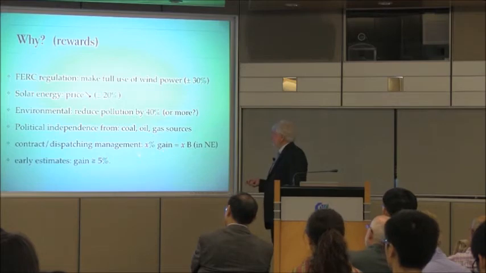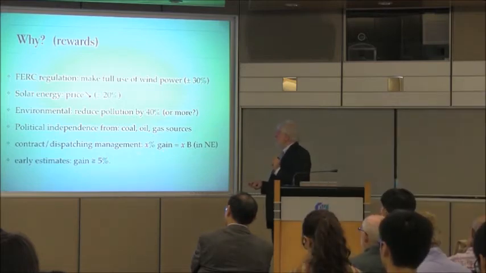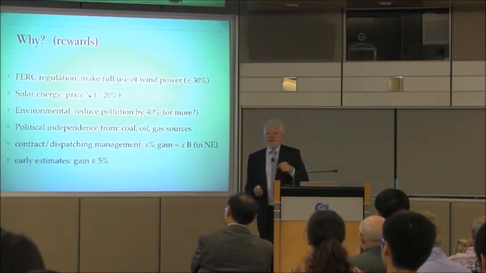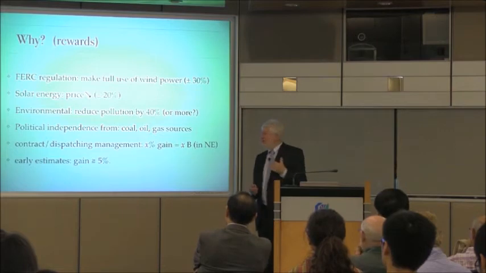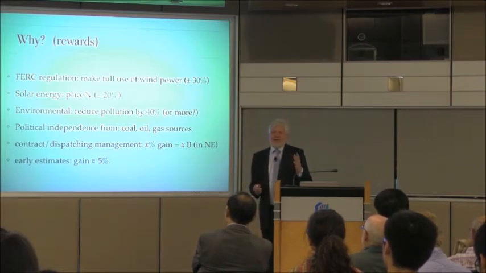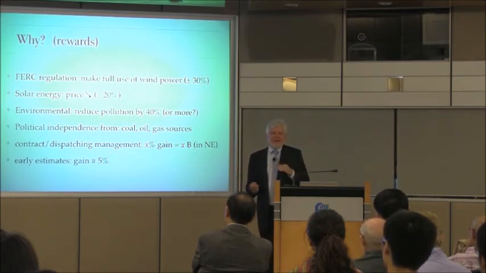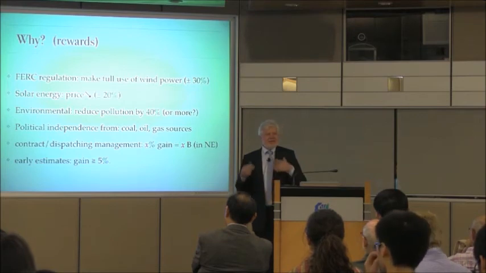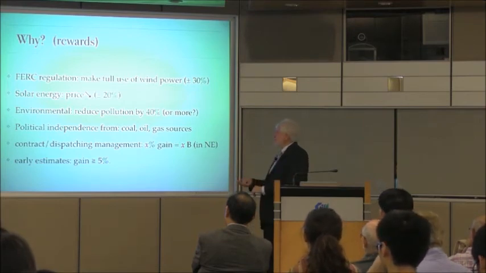And for just the New England ISO, each 1% of gain results in $1 billion. So if you have a 3% gain, it's $3 billion. There are about 20 ISOs in the United States, and about 150 around the world. So this gives you an idea how much can be saved.